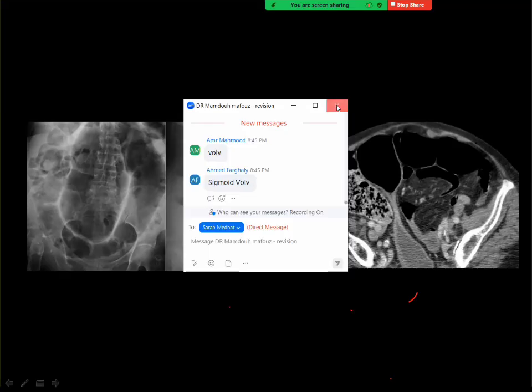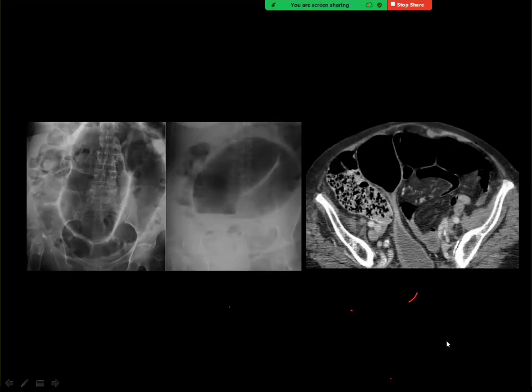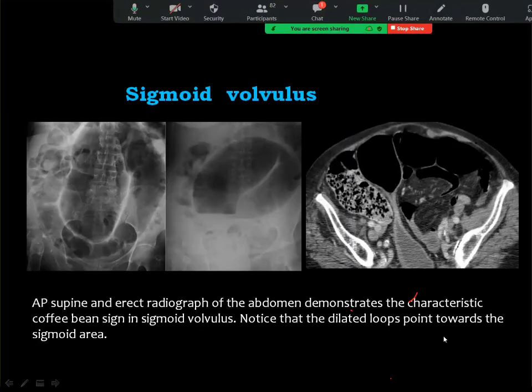Yes, and you should say, of course, right, this is sigmoid volvulus, the coffee bean sign, and this is the appearance of the volvulus in the CT scan. Sometimes, as you know, the sigmoid volvulus is easily diagnosed from the plain film, but it's difficult to diagnose from the CT scan.